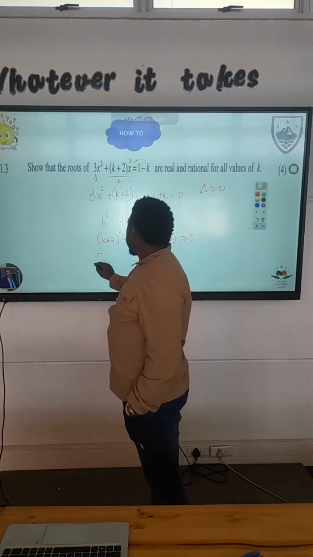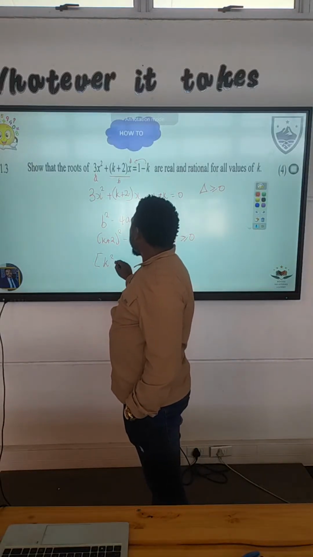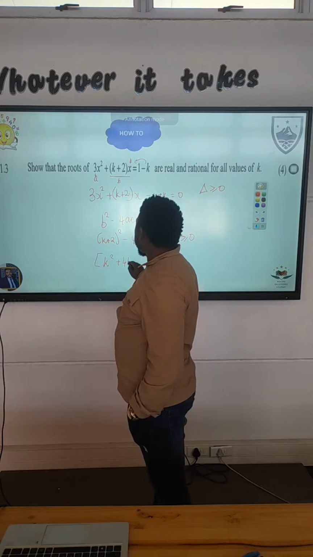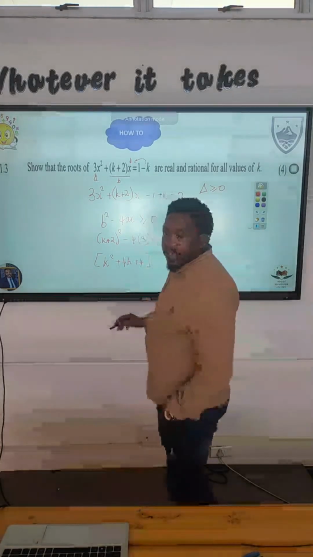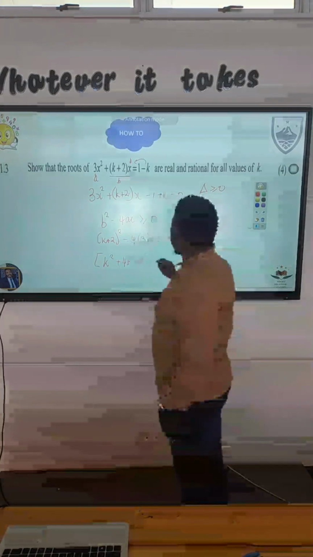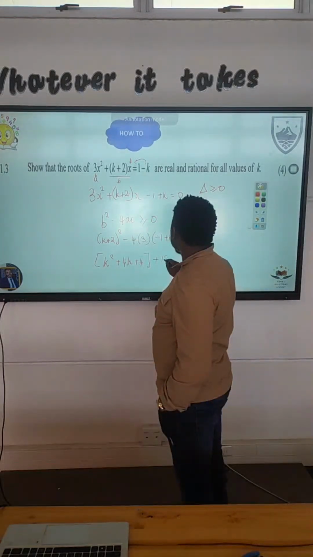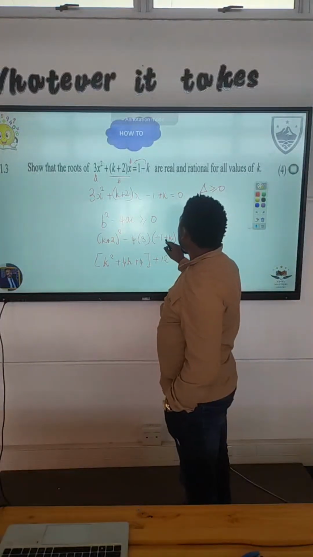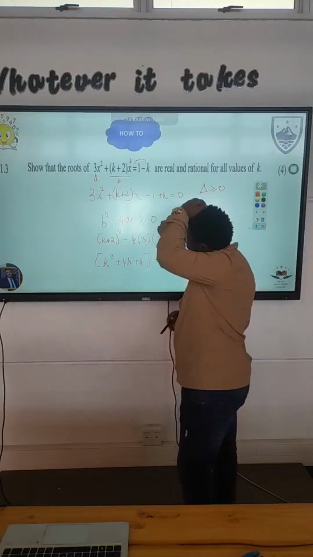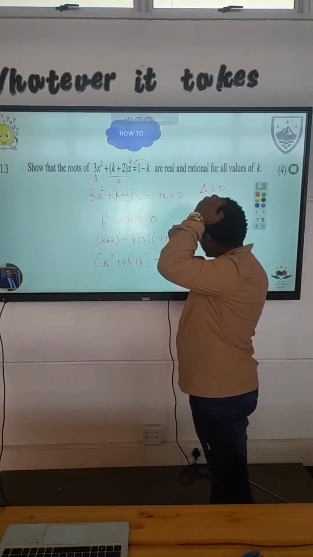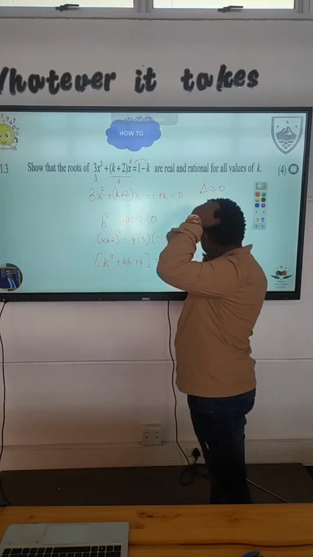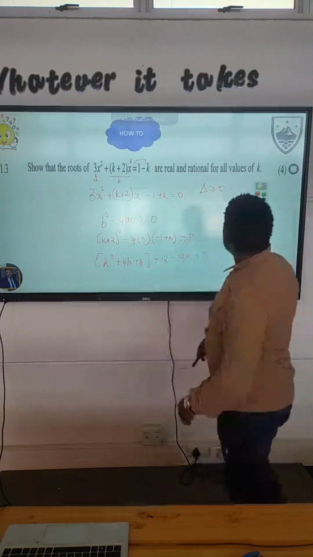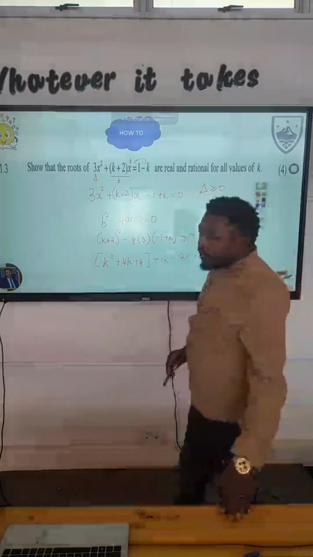The big bracket will give me k squared plus 4k plus 4, and then a negative 12 multiplied by a negative will be a positive 12, and a negative 12 multiplied by a positive k will be a negative 12k, must be greater than 0, and then we are going to solve for k.